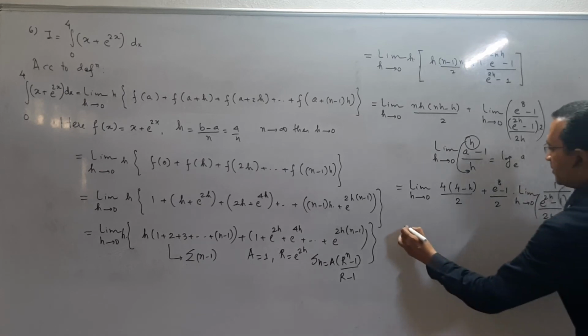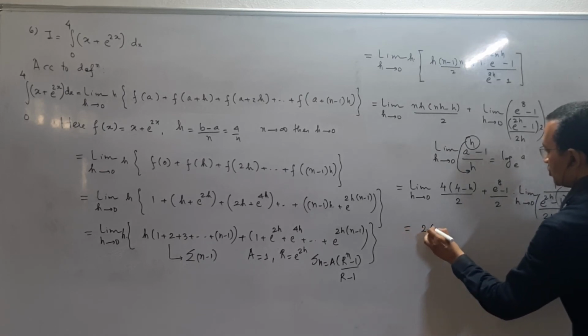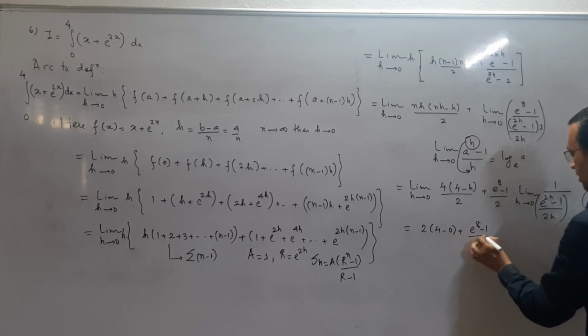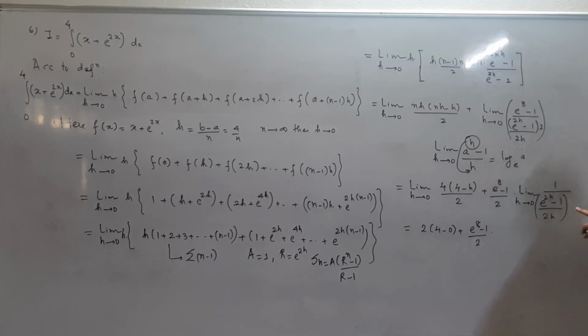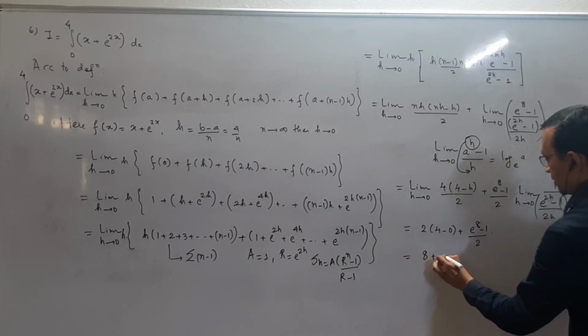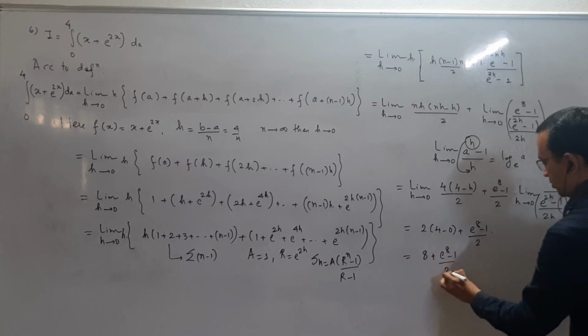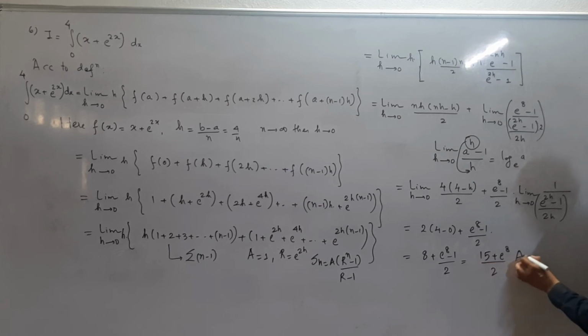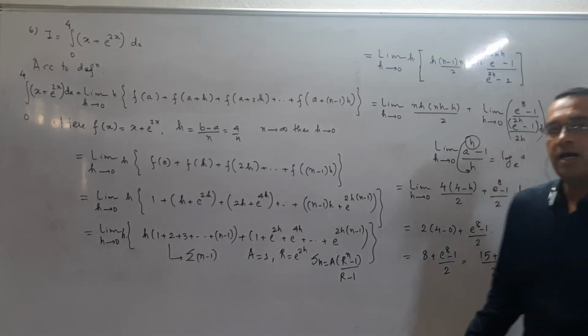So now taking limit, this will be 2 into 4 minus 0 plus e raised to 8 minus 1 upon 2. This will be still log e base e, so 1. So the final answer is 8 plus e raised to 8 minus 1 upon 2, that is 16 minus 1, 15 plus e raised to 8 by 2 is our final answer, students.